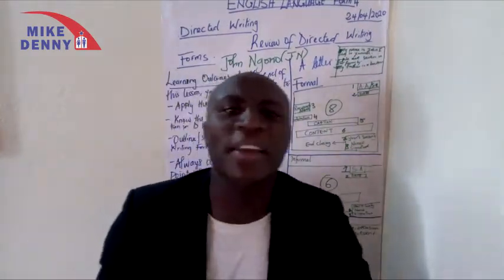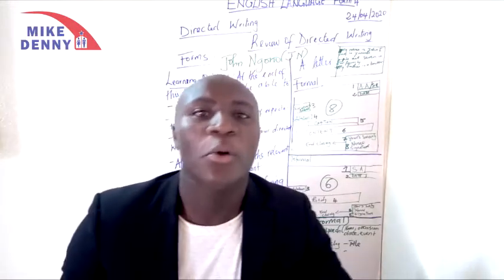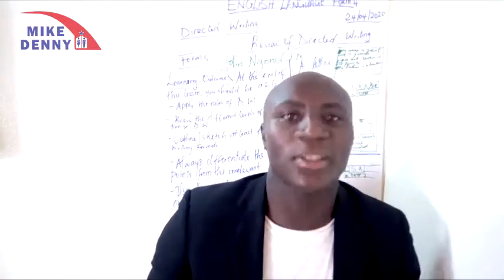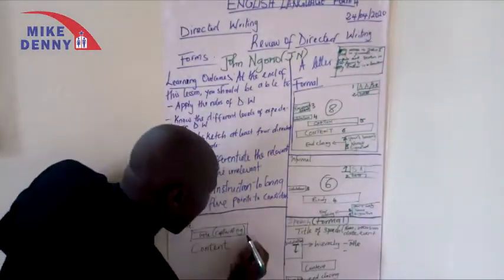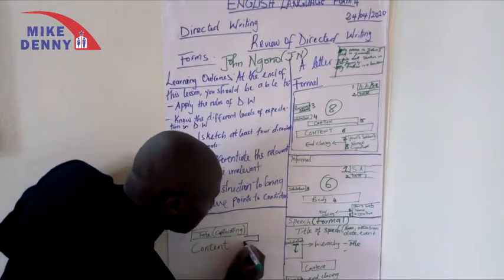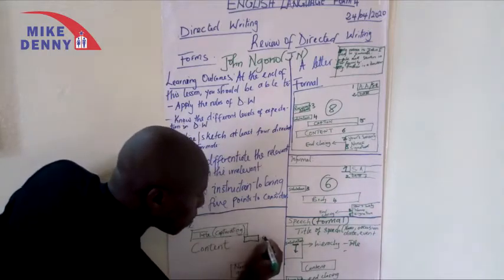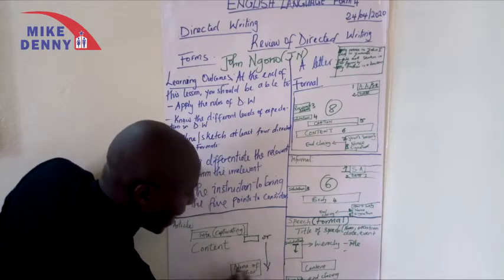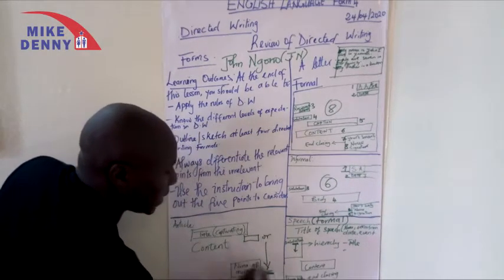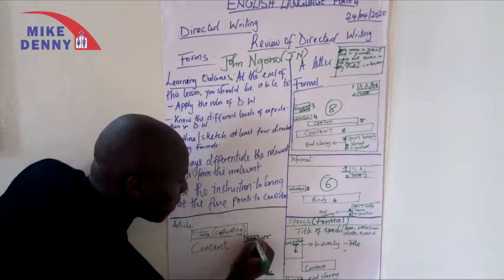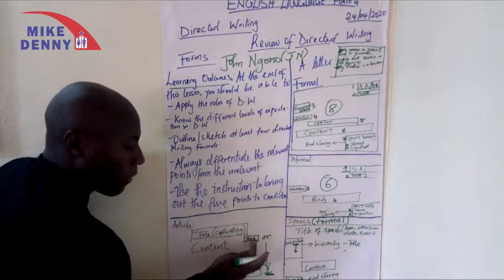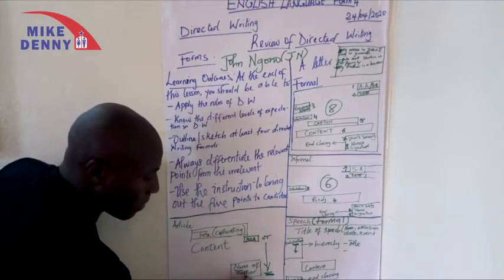After the title, we have the content, and after the content, we have the author, the writer of the article. The writer of the article can either be after the title below here, or at the end after the content here. So we have the name of author, NOA.